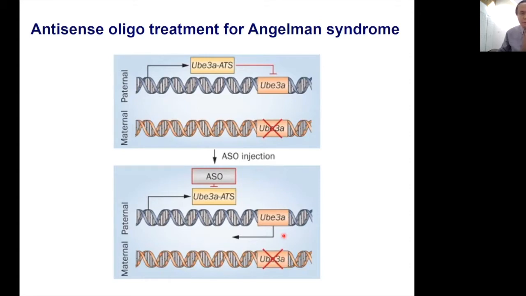So I hope I'm correct. It reactivates the UBE3A gene on the paternal chromosome, because the maternal copy is either mutated or deleted, or in some rare cases, it's uniparental disomy.